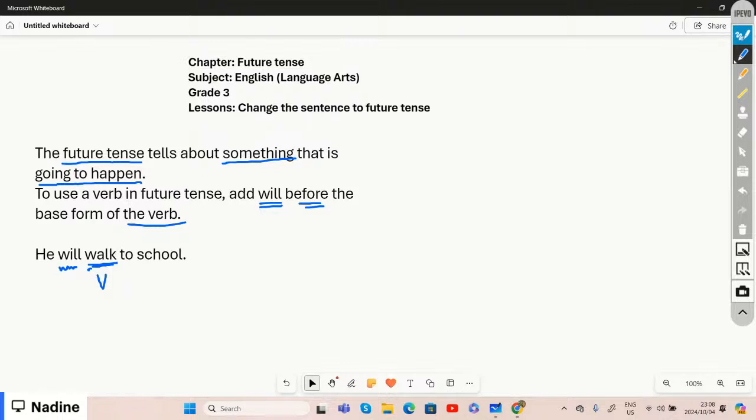And once again, we have our future tense, and we see that future tense tells us about something that is going to happen. It is still going to happen. It didn't happen yet.